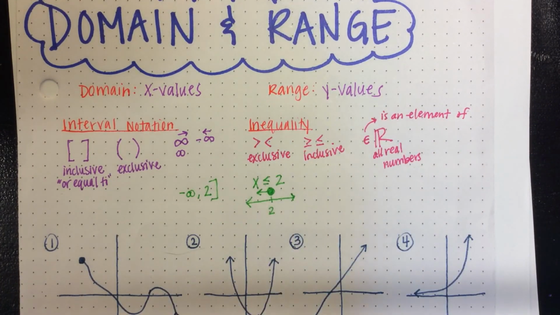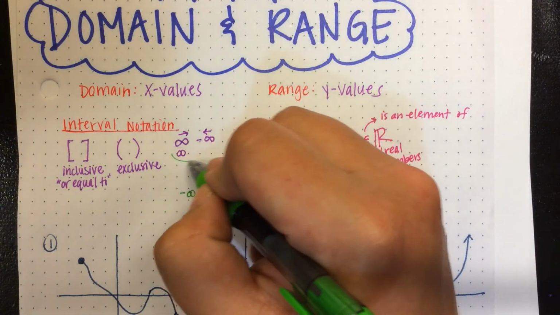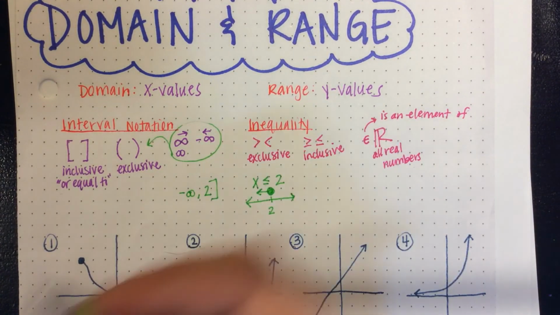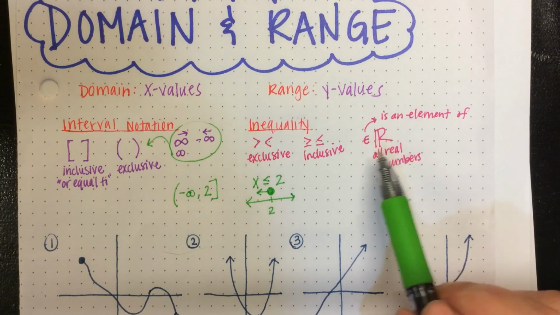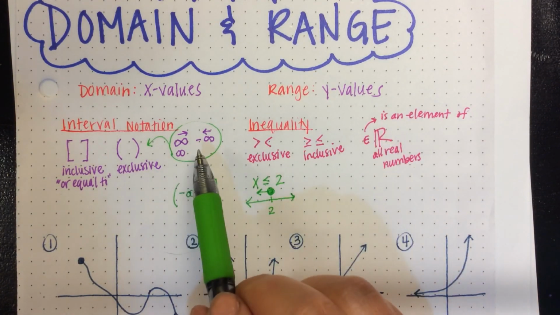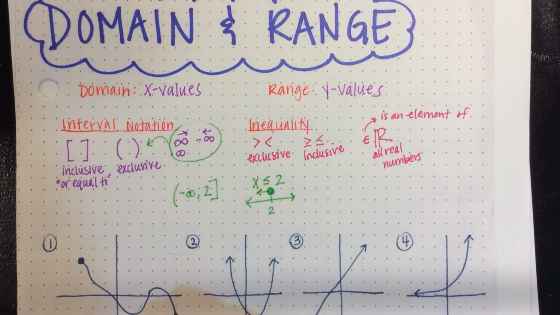The infinities, no matter what, always, always, always get parentheses. Just like with all real numbers, I can't put a less than, greater than, or anything like that because all real numbers is a concept. So is infinity. So either infinity will always get a parenthesis every single time.